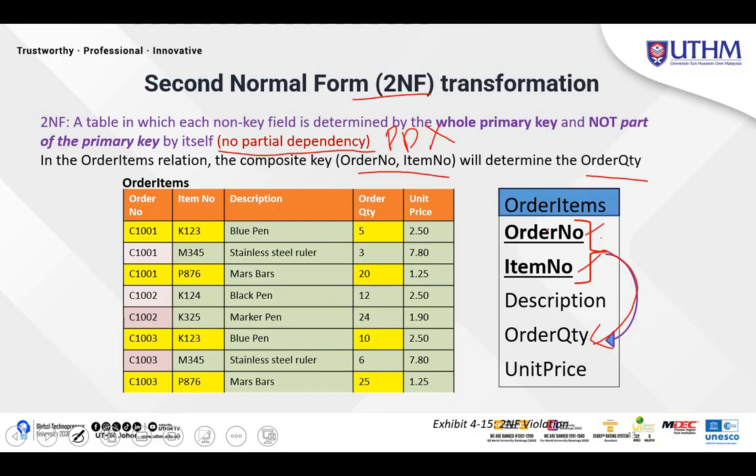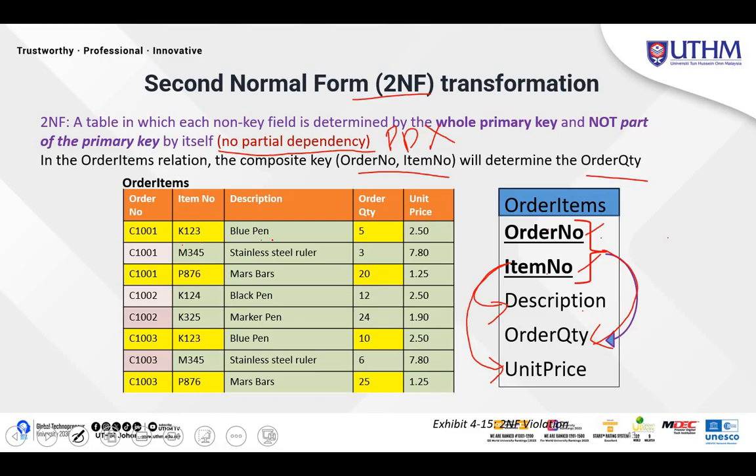But order number and item number don't have to be together to determine the description and unit price, because item number alone can tell you the description of the item, and item number alone can determine the unit price.